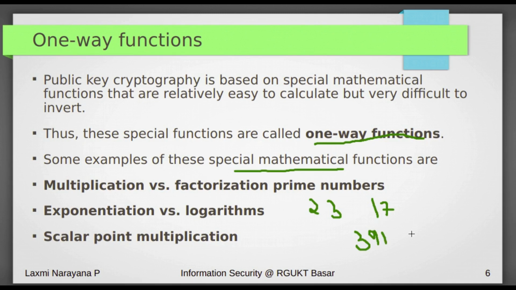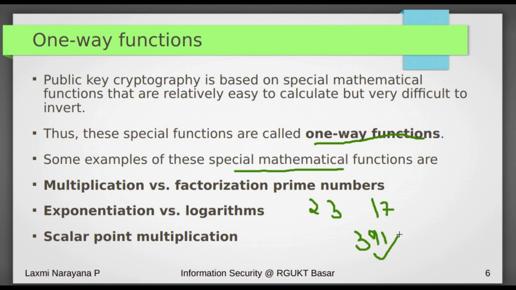Now suppose this 391 is given and we are asked to tell which pair of prime numbers multiplied together to obtain that number. We can come up with the solution, but calculating the product took less time. Factoring will take longer time.